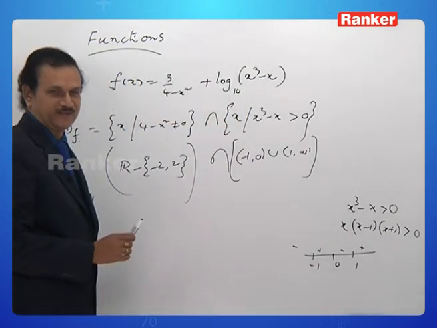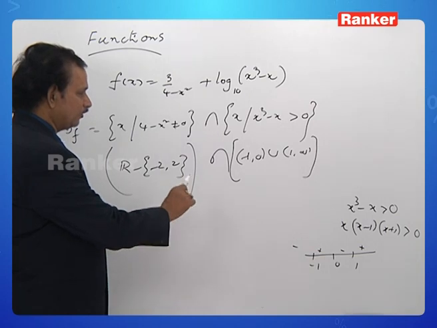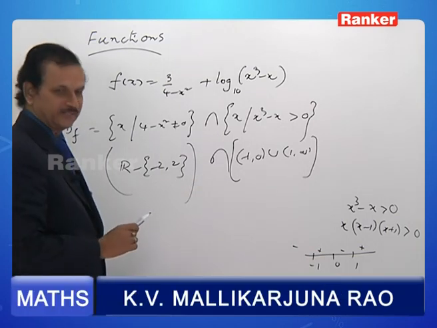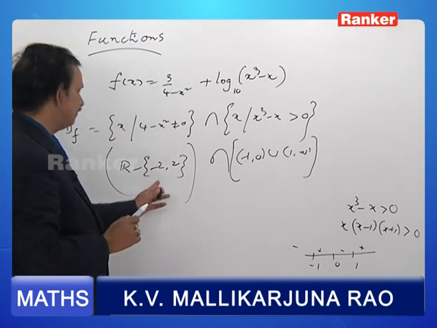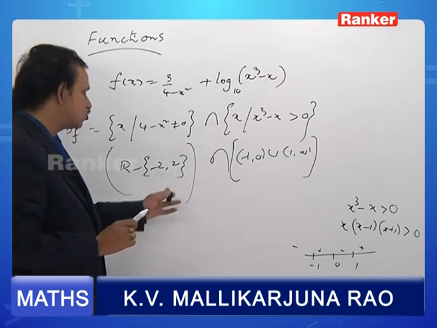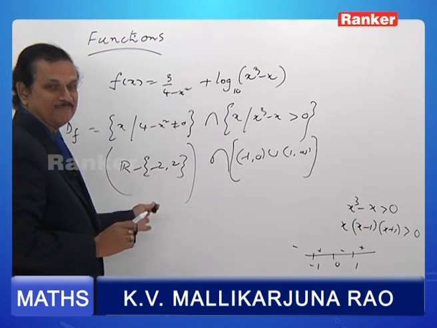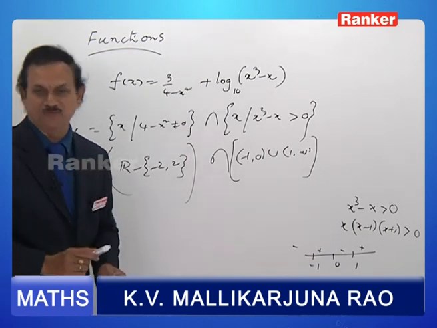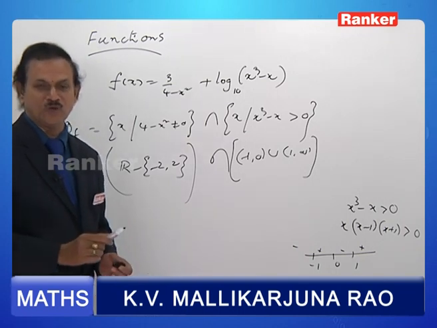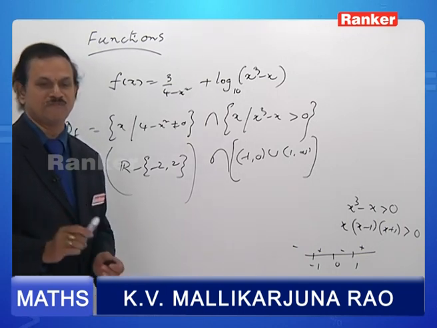Therefore, what is to be taken? From minus 1 to 0 union 1 to infinity, you are supposed to omit two numbers, namely minus 2 and 2. This can be had directly in the fourth option: minus 1 to 0, union 1 to 2, union 2 to infinity.